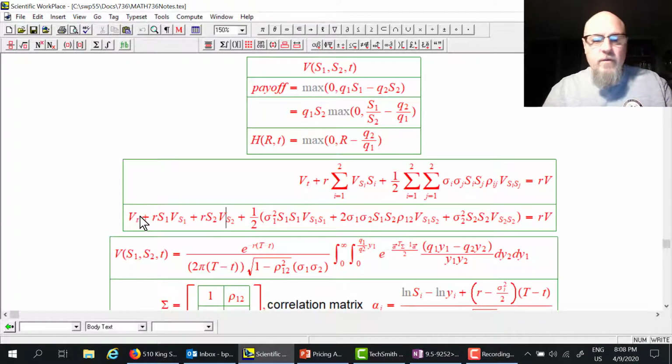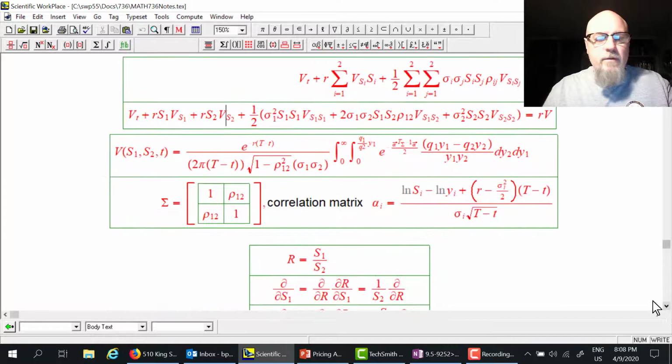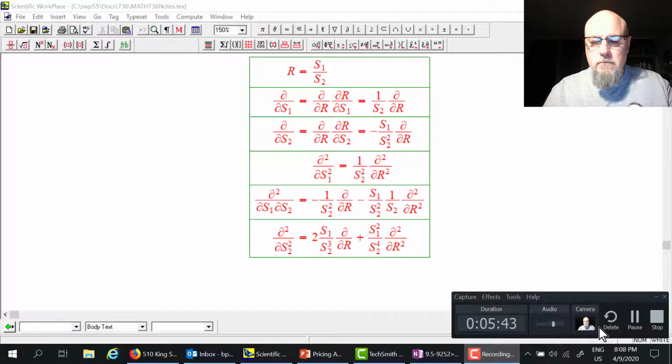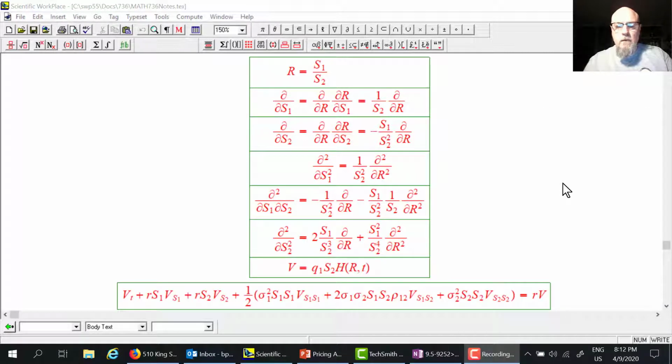Oh, I didn't do the derivative with respect to t. The derivative with respect to t is just going to be the derivative with respect to t. And okay, we can clean this up. 1 over S2 and S2, we can make that an S2 cubed here.